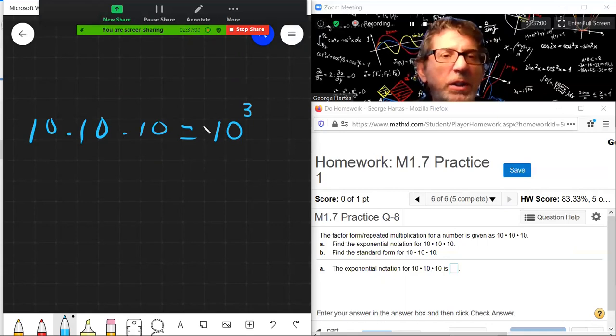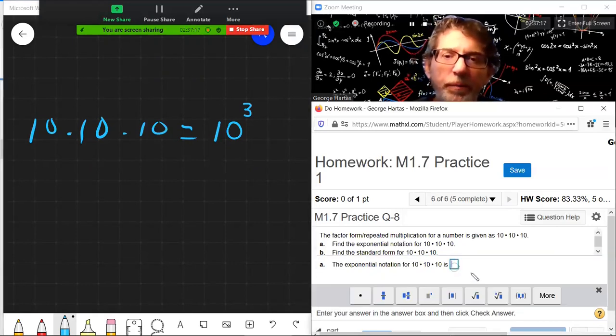So this is 10 to the third power, or you can say this is the exponential notation version of that. So we got to type in 10 to the third power in here. So we're just kind of switching back and forth so you can get used to the different notations used in math.